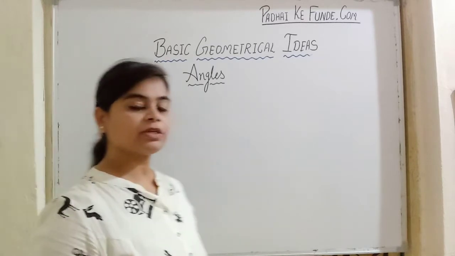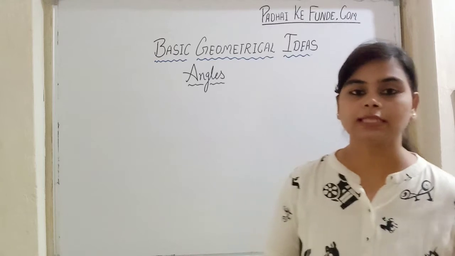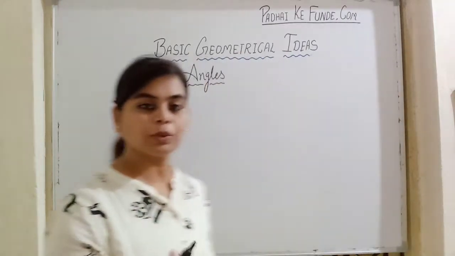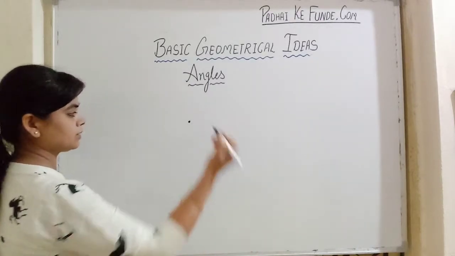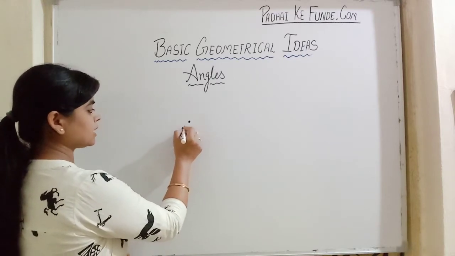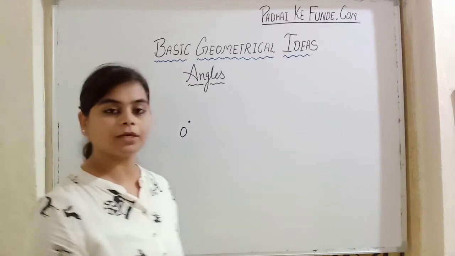In my previous video, if you have seen, I have told you about the point, line segment, line, rays, etc. So here we are using the same terminologies. If we take a point, that is a dot, it is denoted with a single capital letter. I am taking it O here.